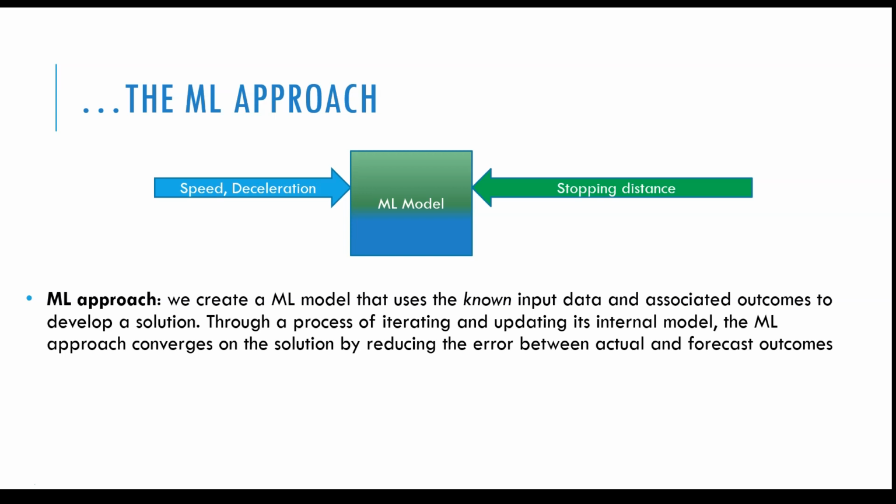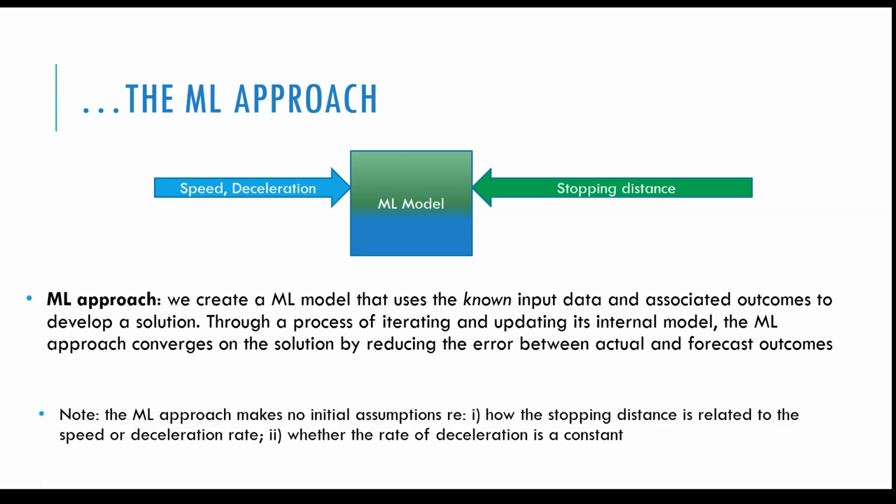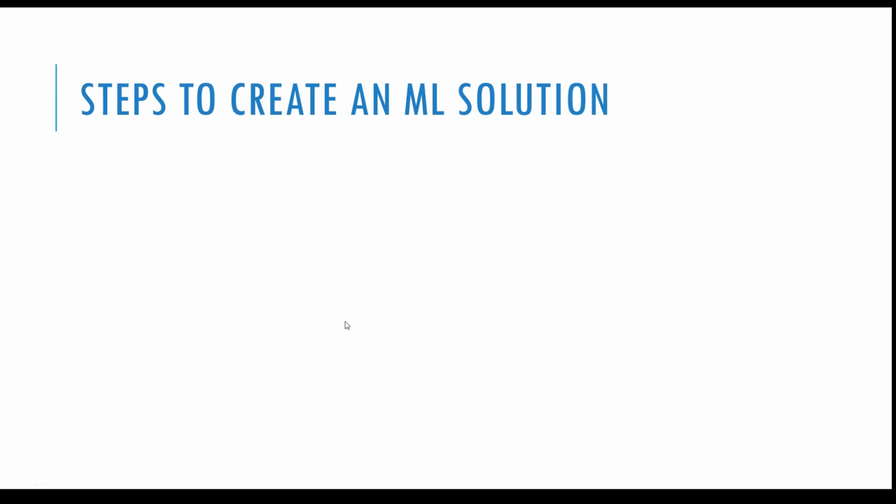And it iterates or repeats the process until the error is sufficiently low. One key difference between the ML and traditional approaches is that the former does not require the underpinning assumption we had earlier.